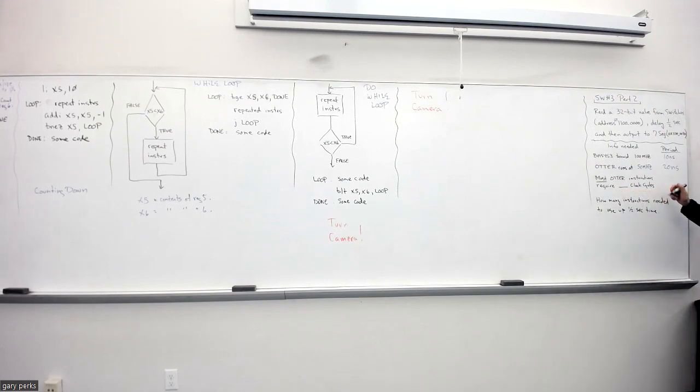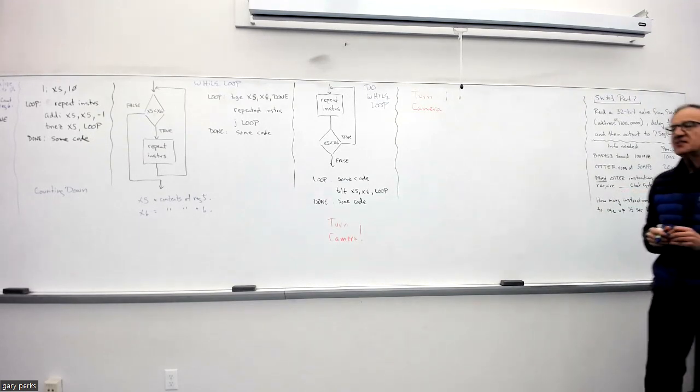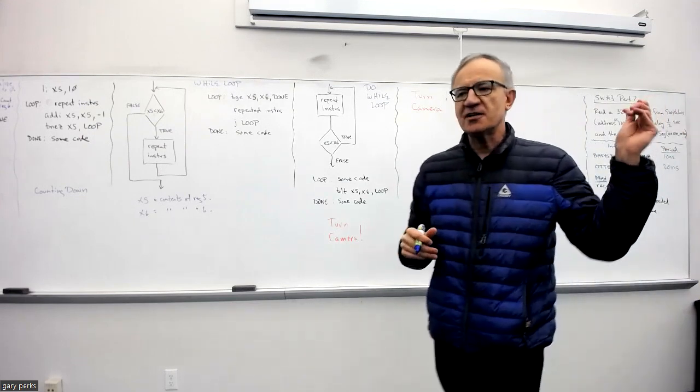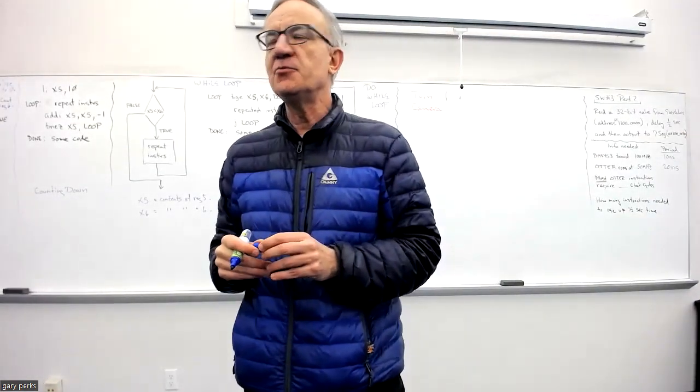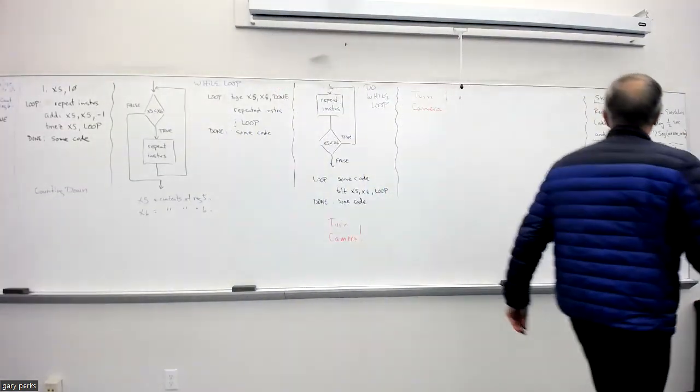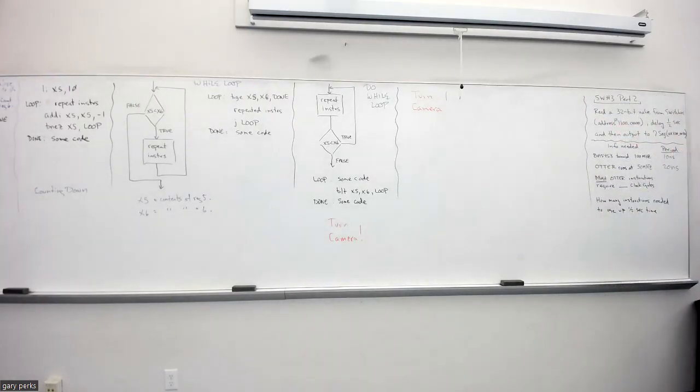Now, we haven't talked about this yet. We probably won't talk about this for a few more weeks. But eventually we'll see that most of the instructions in our ISA, our instruction set architecture for the OTTER, require 2 clock cycles.